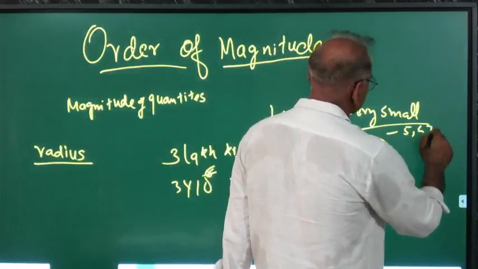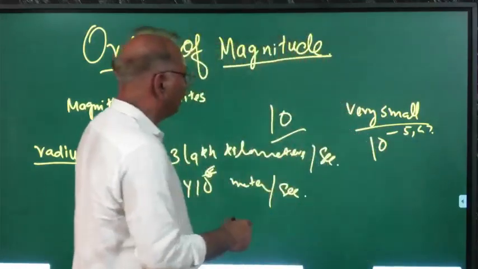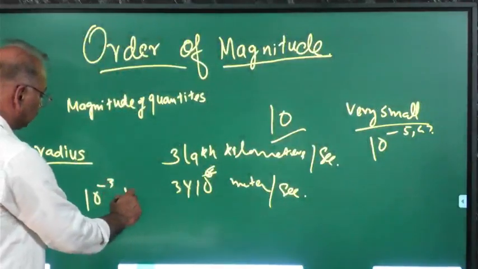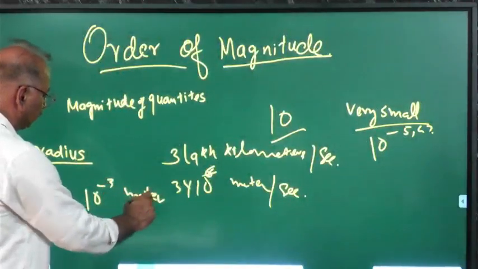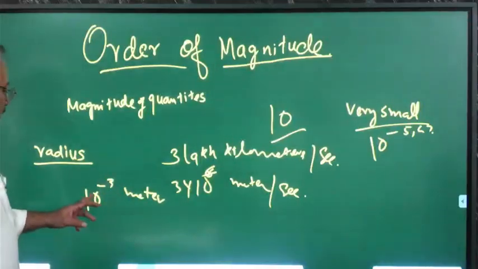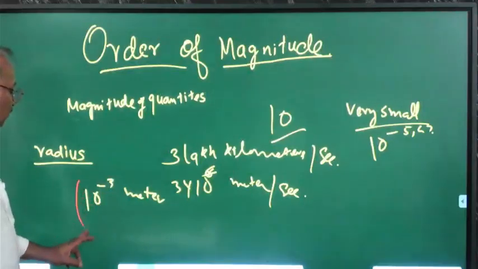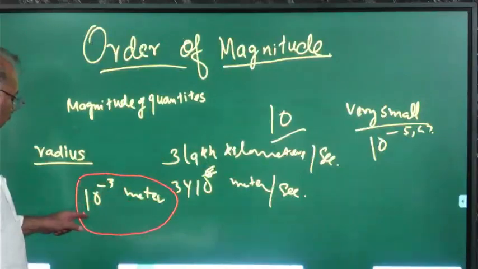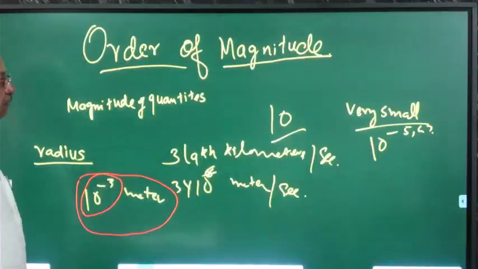Like 1 millimeter is expressed as 10 to the power minus 3 meter. If any object is 1 millimeter long, it may be expressed in terms of meter, but this term is also associated with it.